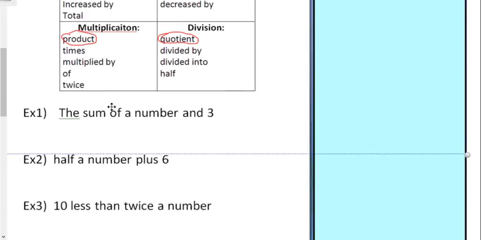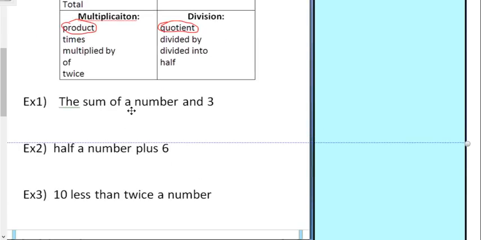Let's go to an expression. So if I said the sum of a number and 3, okay? Now, when I see the word number, I want to make up a variable for that. So I'm going to use n. Anytime they say a number, and they don't tell me what that number should stand for, I'm going to use n. So I'm basically saying the sum of n and 3. Now remember, the word sum means add, and it's one of those special ones because it's basically saying a parentheses, you're going to do these together.